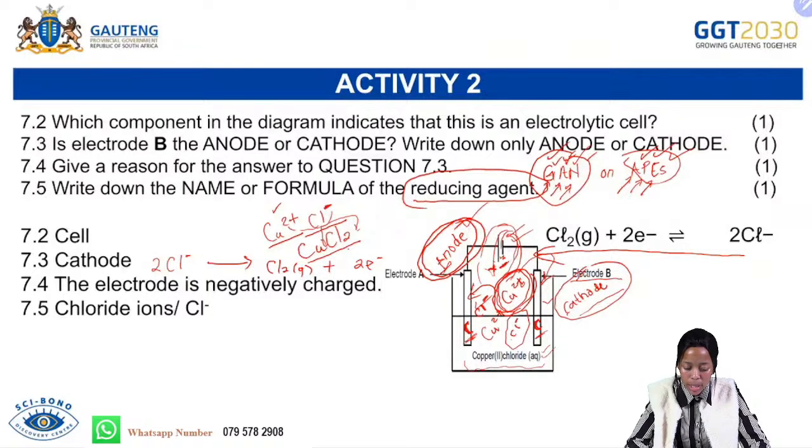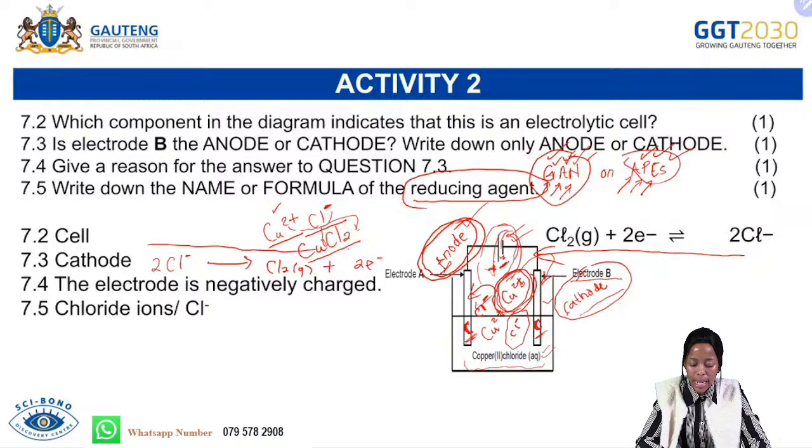Okay, so if now we have this, we then need to identify the reducing agent. So how do we identify the reducing agent? A reducing agent is a substance that undergoes oxidation. If it's a substance that undergoes oxidation, it means that we are going to write the oxidation half reaction.